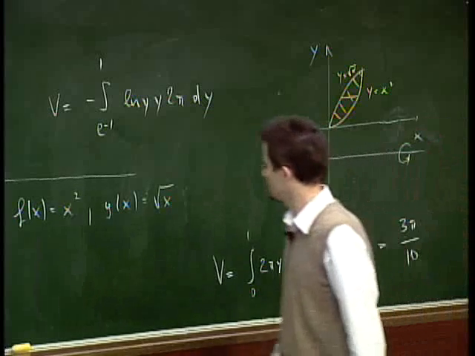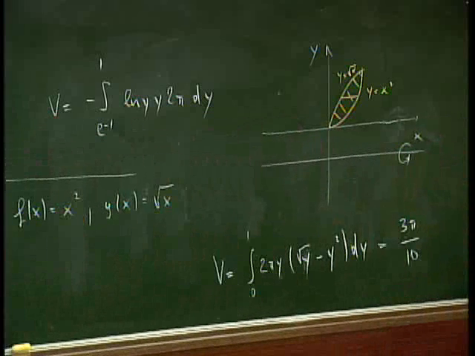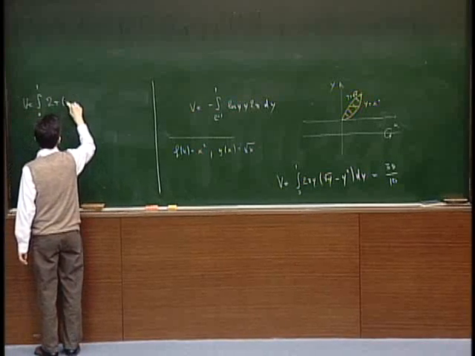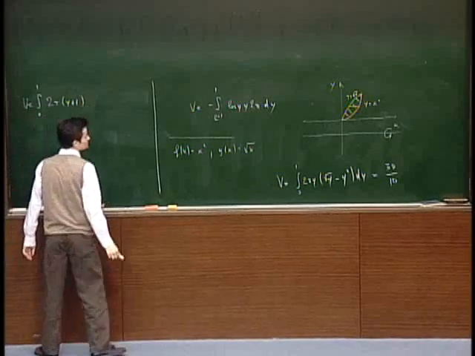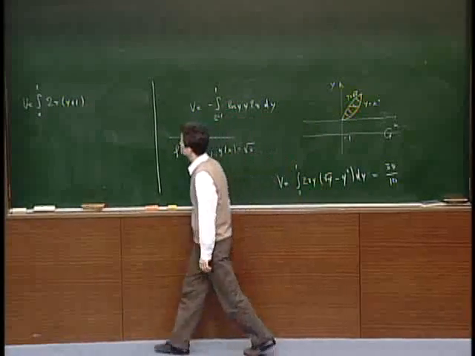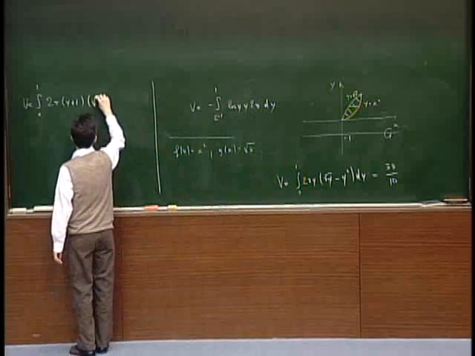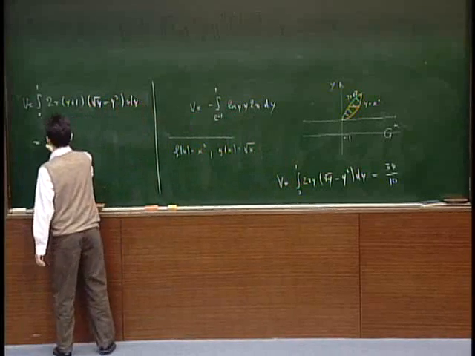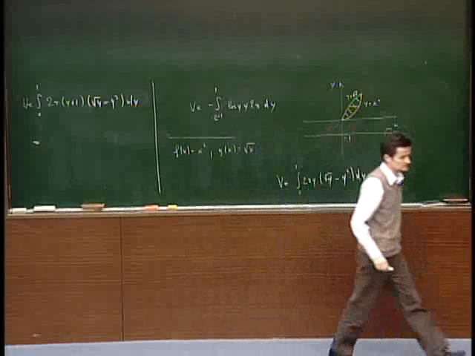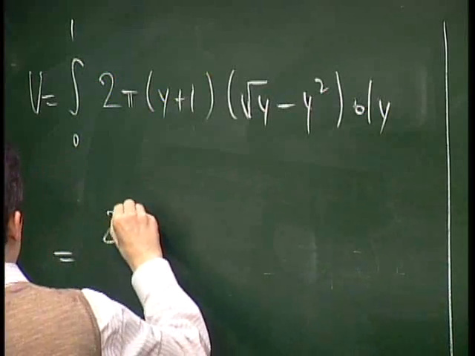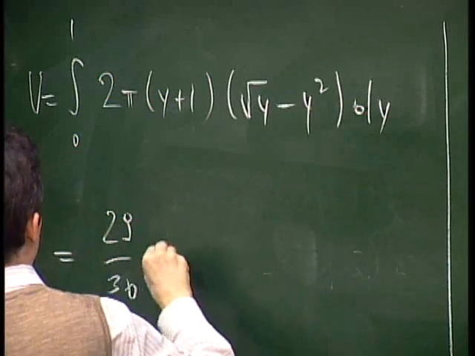So for this case, the volume would be the integral again from 0 to 1, 2 times pi, and then the only thing which changes is the radius. You have to add here 1, so this here should be -1, but everything else is the same. Okay, and if you integrate this, it's also trivial to do. So what you get is 29 over 30 times pi.